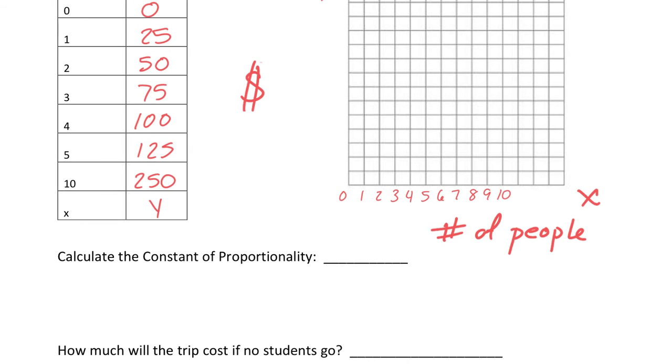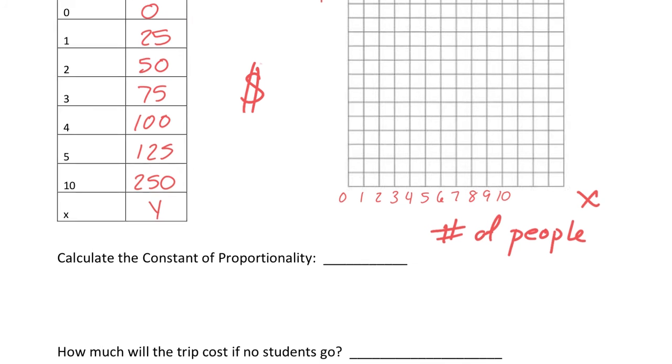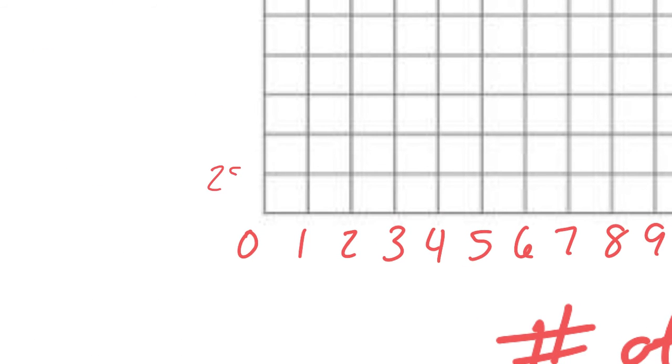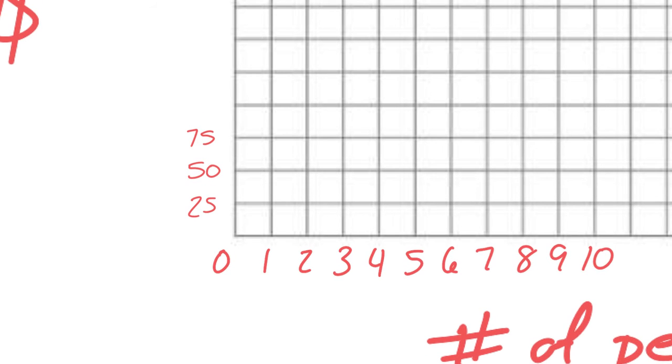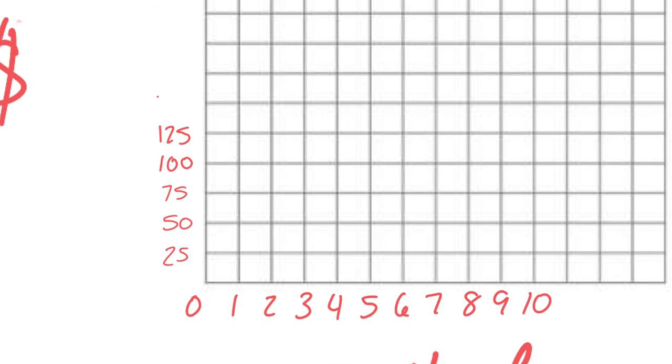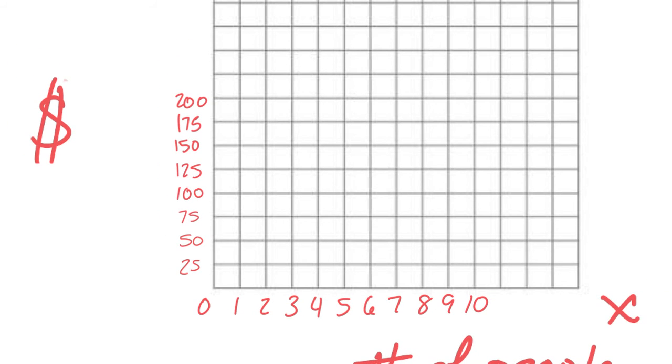And for money, let's jump by 25 since that's what it's moving by. So I'll do the 25. I'm going to stop at 250 because that is a number on our table.